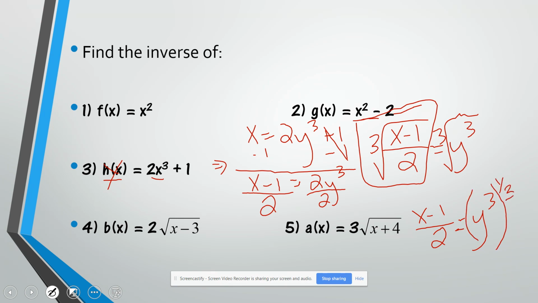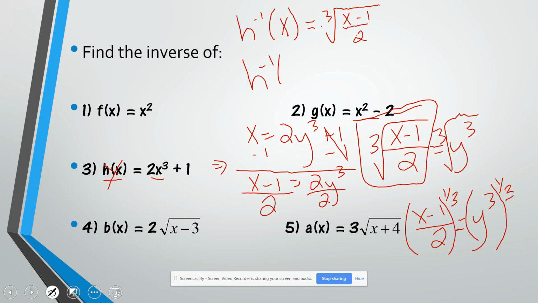The reciprocal of 3 is 1/3. So we can take both sides to the 1/3 power. The third root and the 1/3 power mean the same thing. So our final answer would be h inverse, h to the negative first, is equal to the third root of x minus 1 over 2, or x minus 1 over 2 to the 1/3 power.